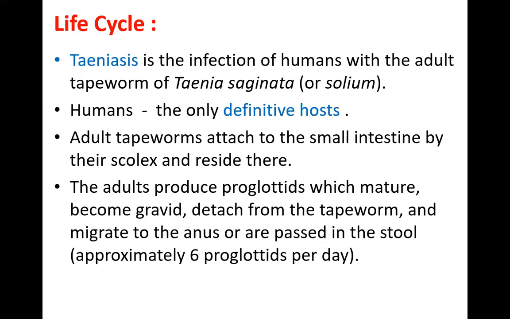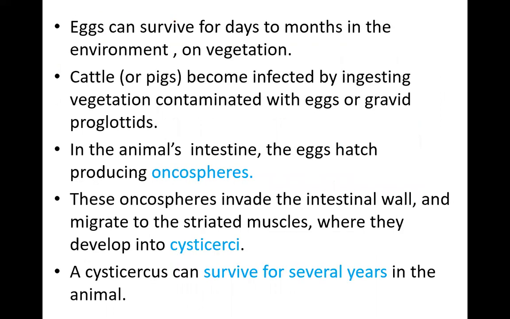Adult tapeworms attach to the intestinal wall by their scolex, by virtue of the suckers. The adults produce proglottids which mature, become gravid, detach from the tapeworm, migrate towards the anus, or are passed in the stools, and approximately 6 proglottids are passed in the stools per day.